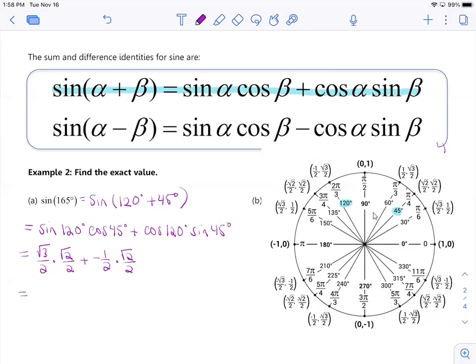Root 3 times root 2 is root 6 over 4. The negative 1 times root 2 is a negative root 2 over 4.